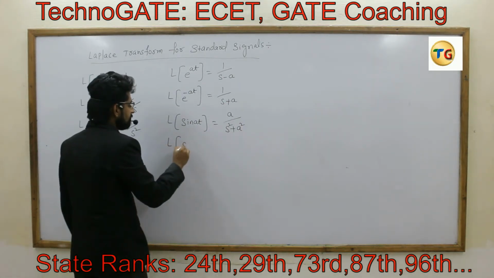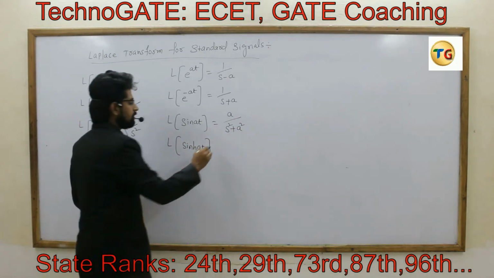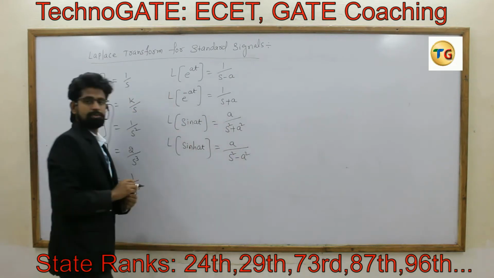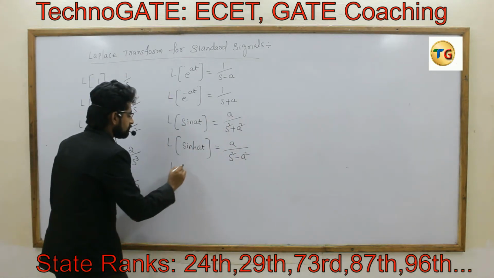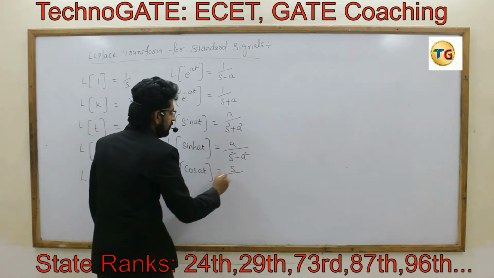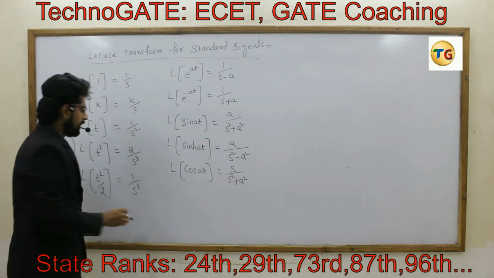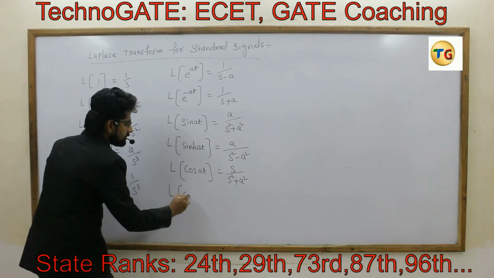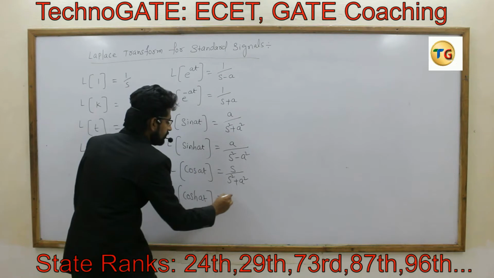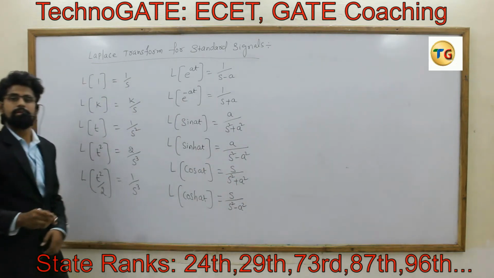Laplace transform of sinh at is equal to a by s square minus a square. Laplace transform of cos at is s by s square plus a square. Laplace transform of cosh at is equal to s by s square minus a square.